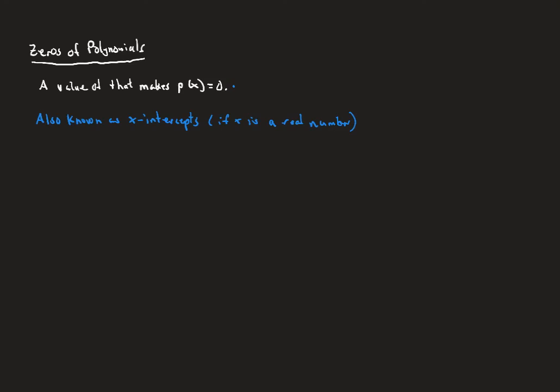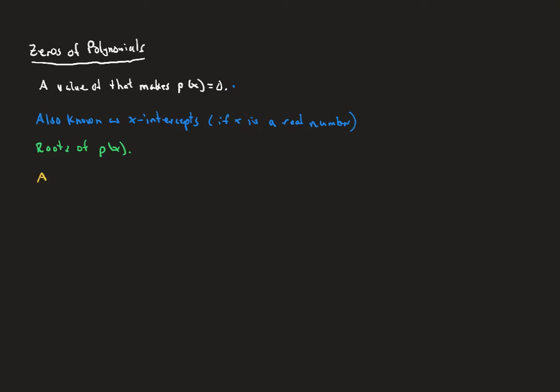We'll also know these as roots of that polynomial. So if a value of x makes a polynomial equal to 0, that value of x is also a root, and we'll also refer to it as a solution.